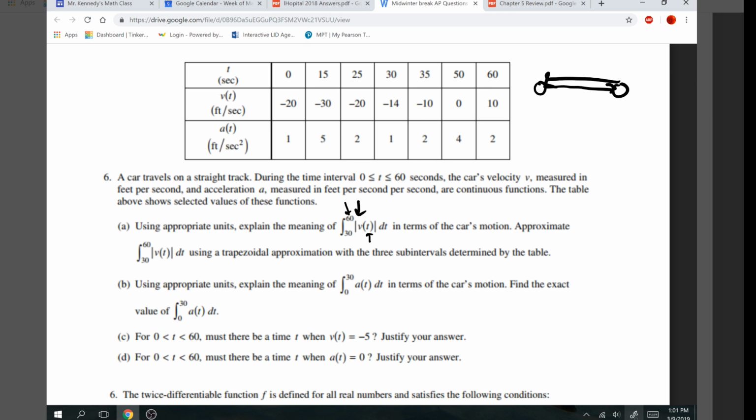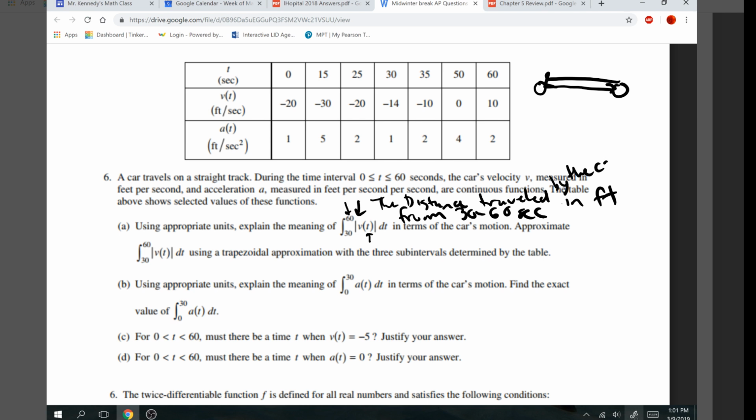So, yeah, we have to say the distance traveled in feet from 30 to 60 seconds. I guess I could have said traveled by the car.